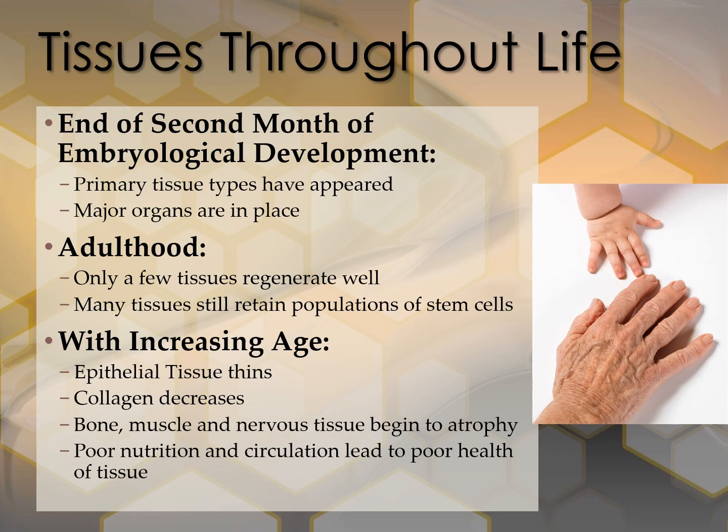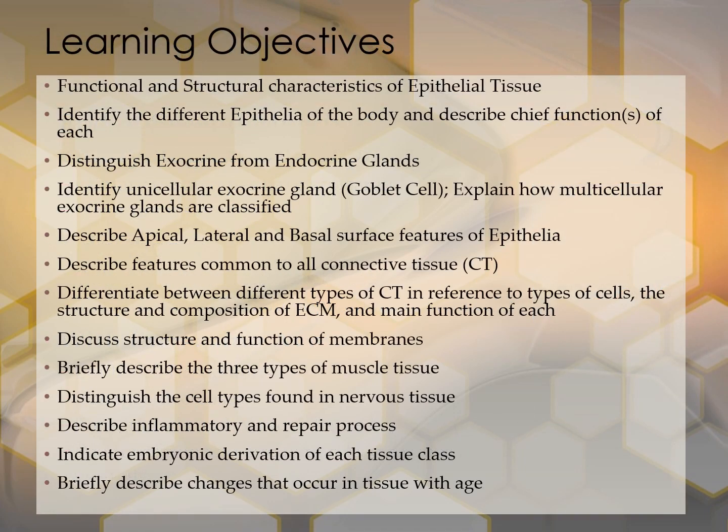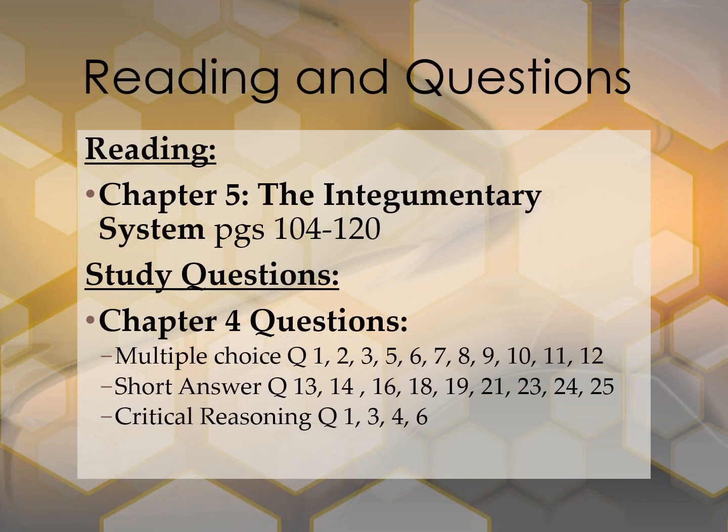Bone, muscle, and nervous tissue all begin to atrophy. Of course, this happens with increasing age. And any poor nutrition or poor circulation is going to lead to poor health of the tissue. So that's why healthy living is important.